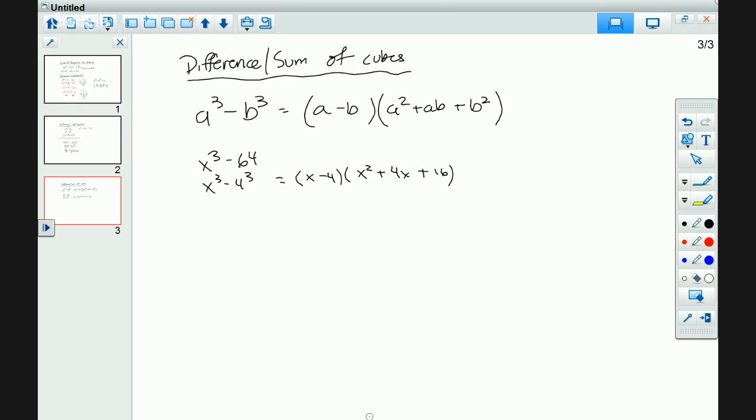Can we factor this? Okay, so yeah, I'm pretty sure we can. Feel free to prove me wrong. Okay, so that's the difference of cubes. Here's the sum. Notice that this is a sign change.